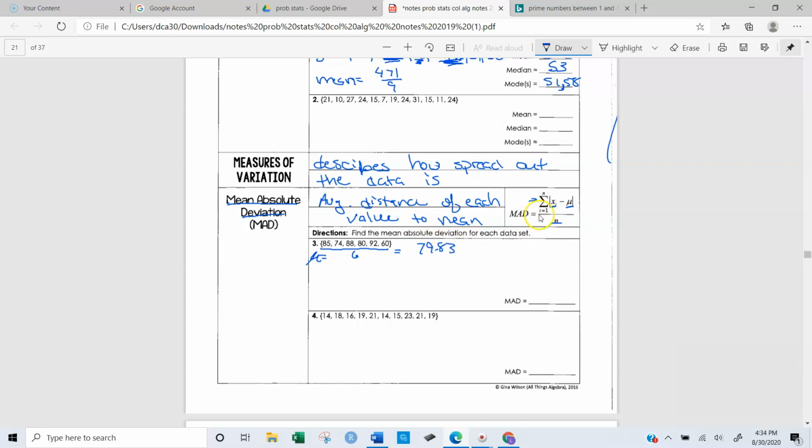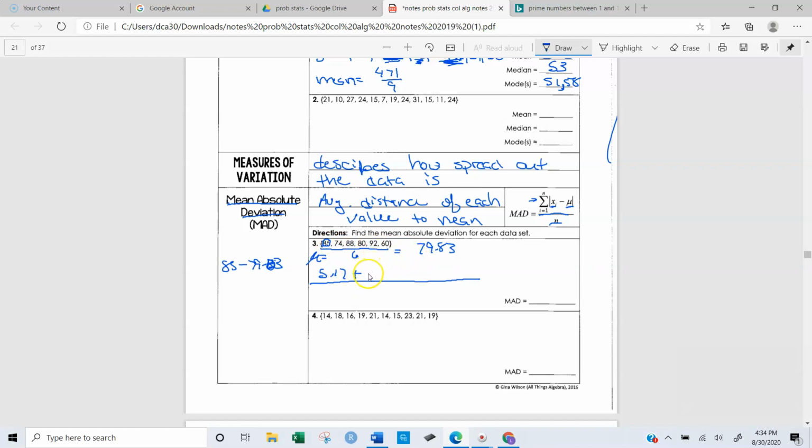So now to calculate this, I have to take every number minus 79.83. So we go down here. I'm going to take 85. So you're going on your calculator, you're typing in 85 minus 79.83, and when you do that, you get 5.17. Now take 74 minus 79.83.